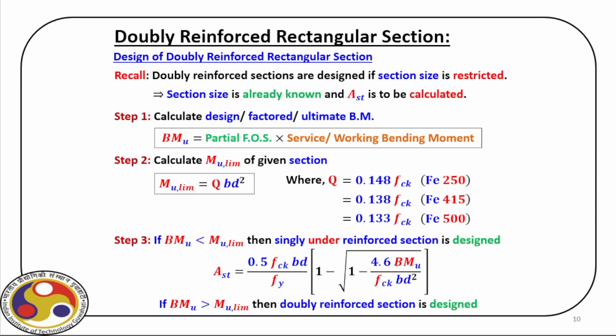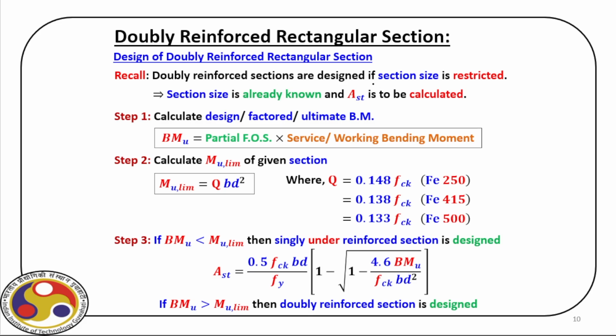Okay, so if we summarize the total steps in this design of doubly reinforced section, here you go, here are the different steps. We start with the design of this doubly reinforced section.